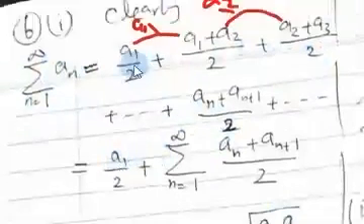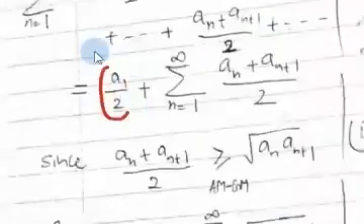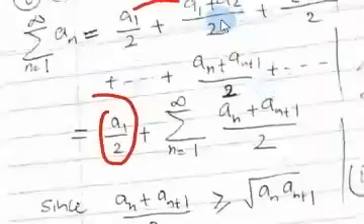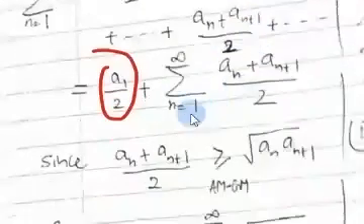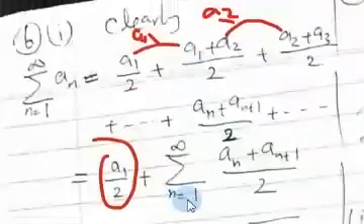So you can write this one in this way. You isolated a sub 1 over 2, plus you write the other terms in sigma notation, with n going from 1 to infinity.